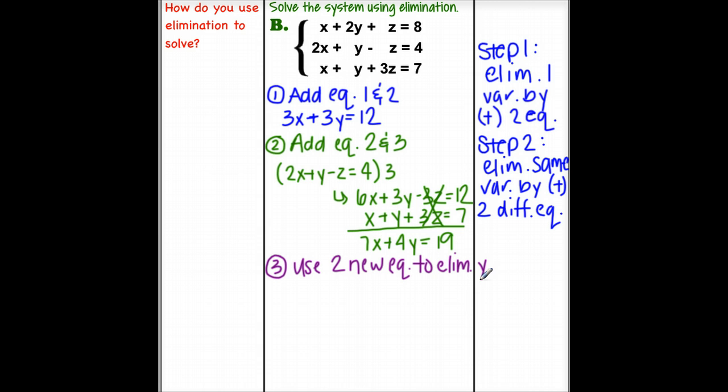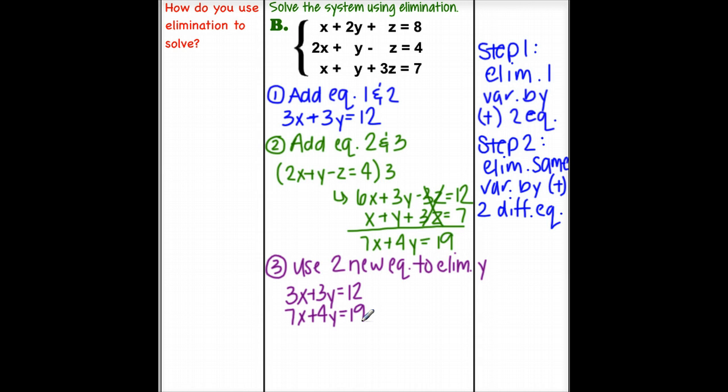So I have now 3x plus 3y equal to 12, and 7x plus 4y equal to 19.